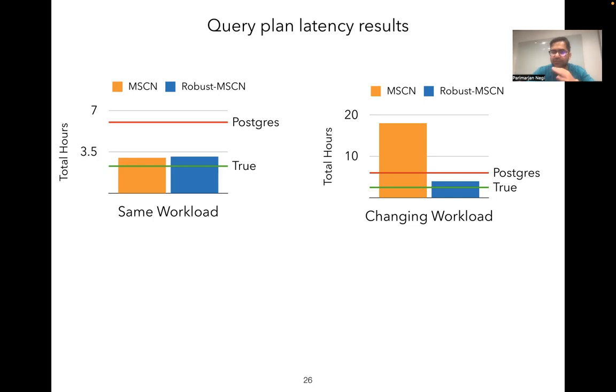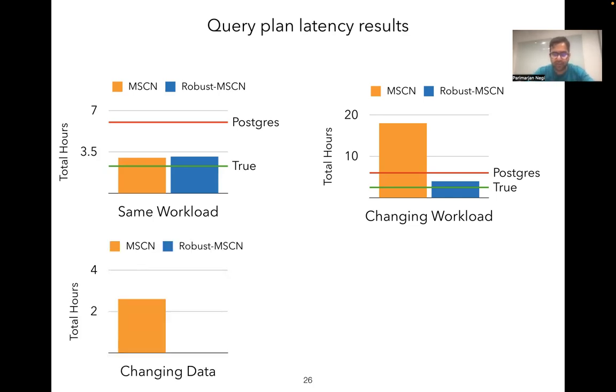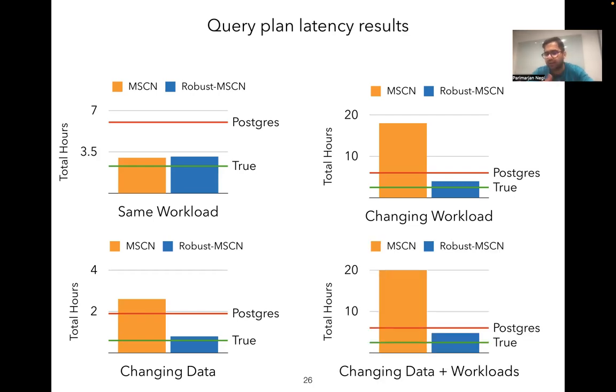There are various versions of this that we analyze in the paper. Just changing the data has a similar effect too, while our models are consistently good across those cases. And then we analyze cases where we change both. Here in some cases, our model's performance degrades too, but it's never far from Postgres. It's sometimes better, sometimes a little worse.